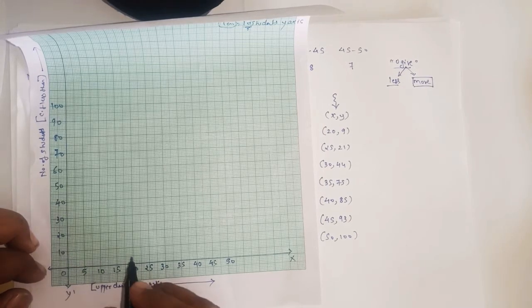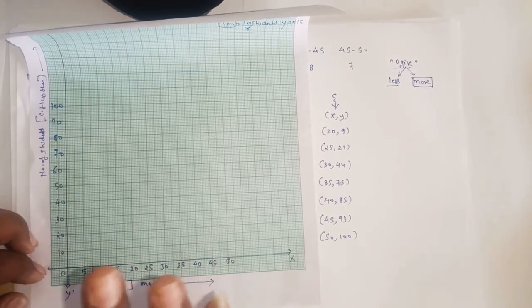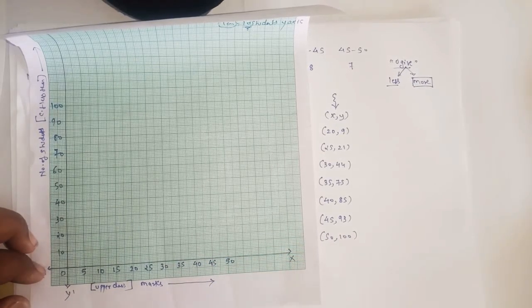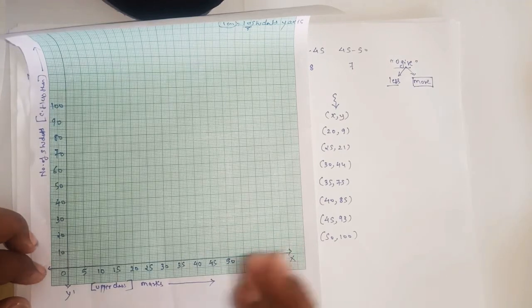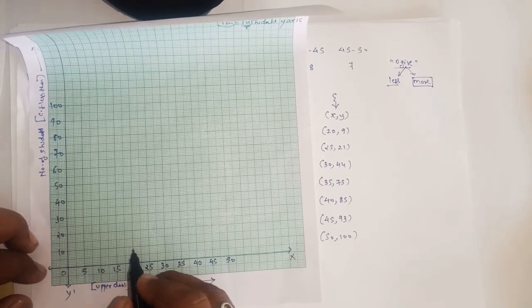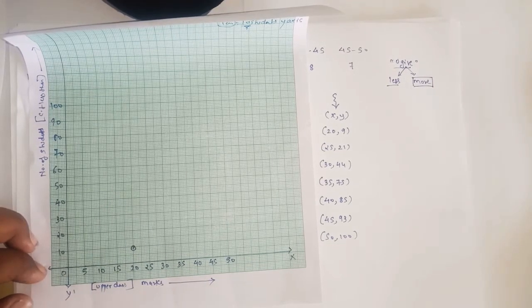As you see, the graph is actually not perfect, it is approximate. So whatever answer you get will be approximate, not perfect. Graphically it is only an approximate answer. So here we have 20, so 9 will come somewhere here. Okay, so this is your first point, that is 20 comma 9.